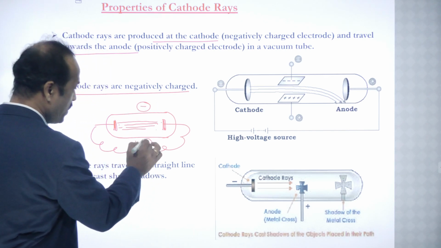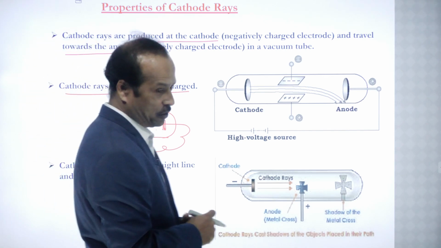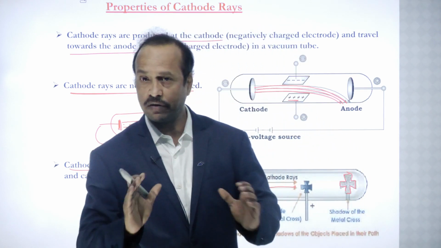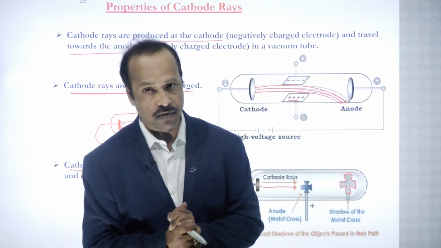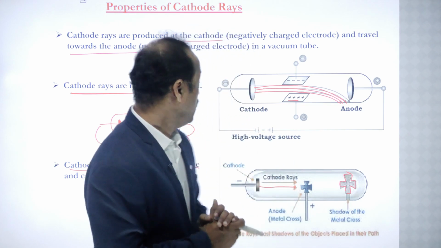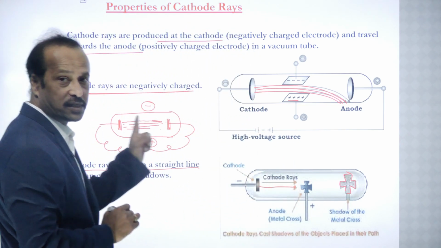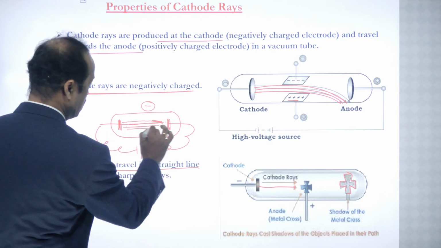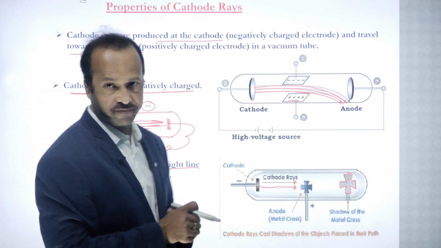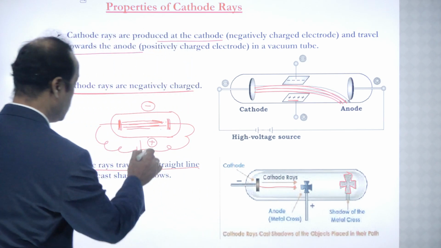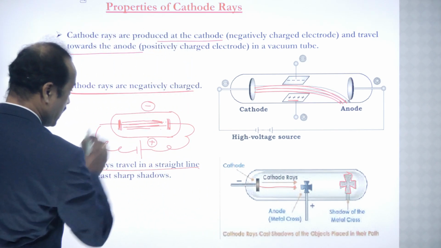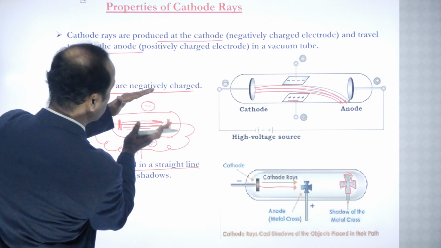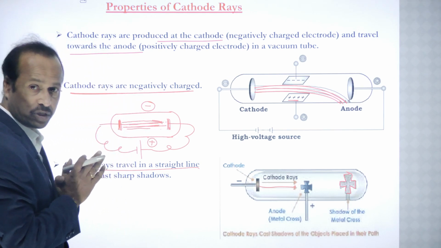Cathode rays are negatively charged particles, as we already discussed. If there were no positive and negative charges here, the rays would travel straight and strike the anode. But now he arranged the positive and negative plates perpendicular to this.